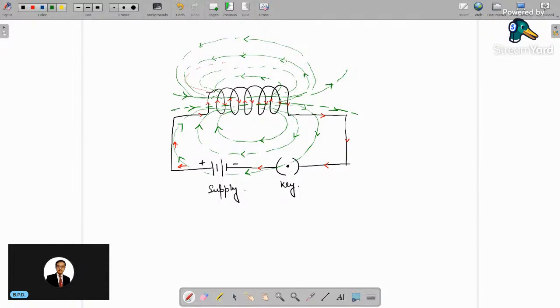Okay, this kind of coil, this kind of coil which is forming a cylinder shape.